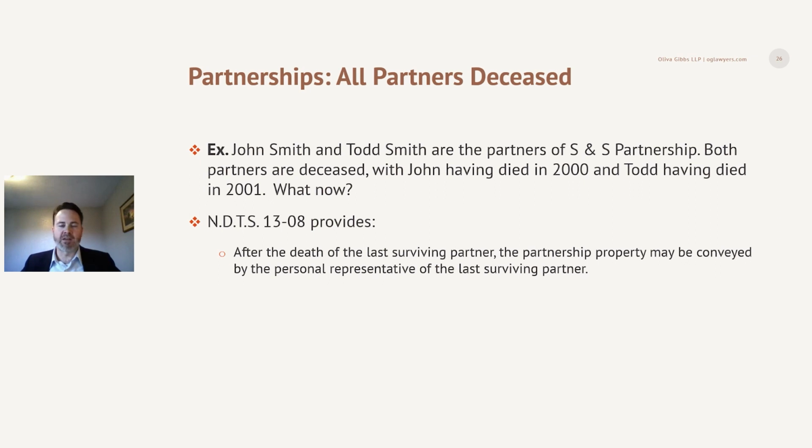All of that identified in the deed of distribution. So that was a bit of a mouthful. So just to repeat, after the death of the last surviving partner, partnership property may be conveyed by the personal representative of the last surviving partner.